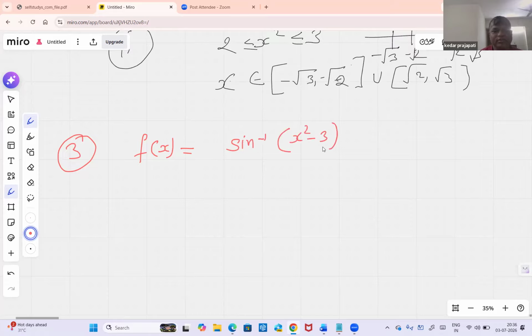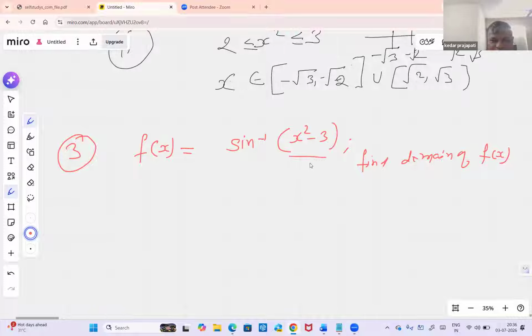Question: find the domain of f(x) = sine inverse of (x square minus 3). This is x, this is the angle theta. What is the domain of sine inverse x? Minus 1 to 1.